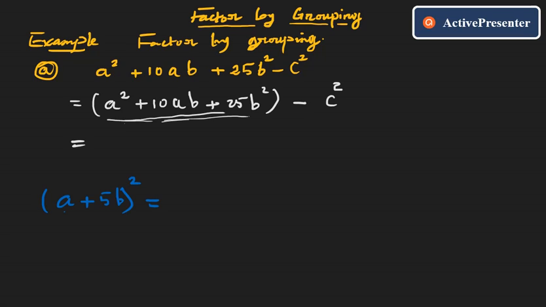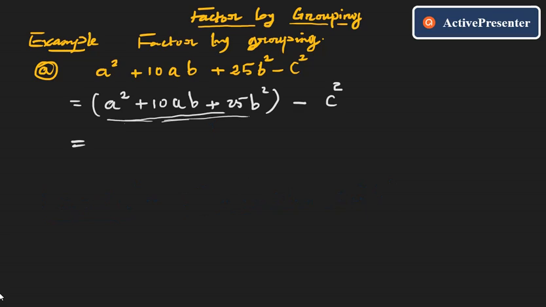The first term squared plus 2 multiplied into the first and the second, which is 10ab, plus the second term squared, which is 25b squared. So it is exactly this one.